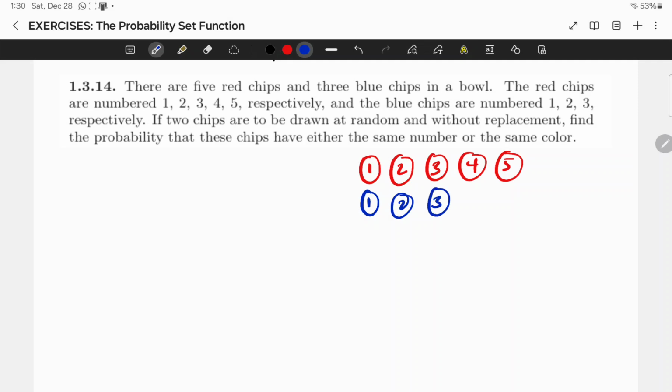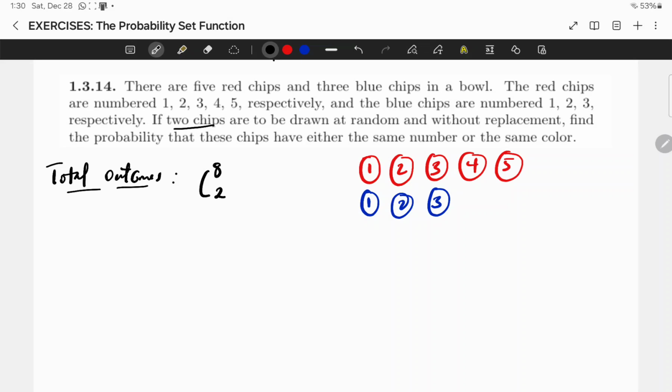So our total outcome: how many sheeps do we have altogether? We have 8, and out of those 8 we want to pick how many? 2 sheeps. So we have 8 combination 2.